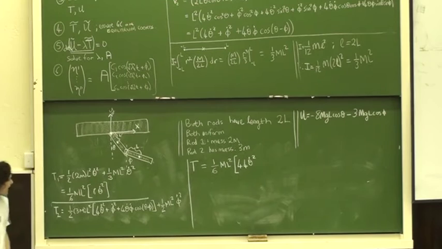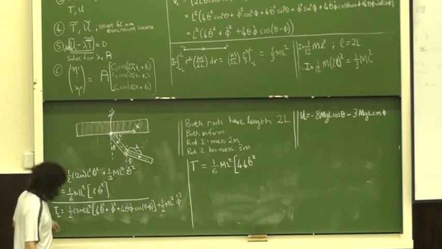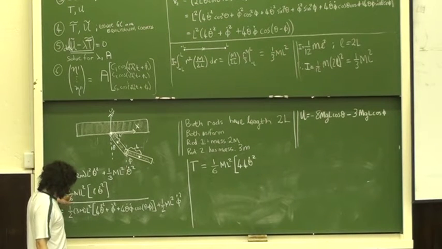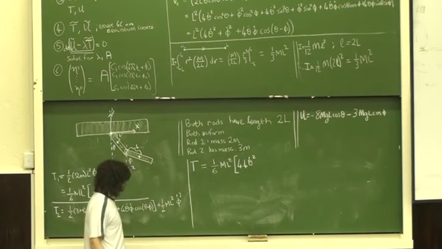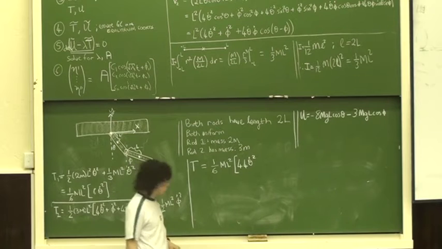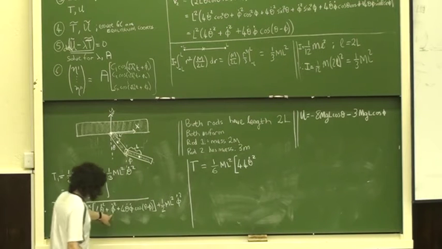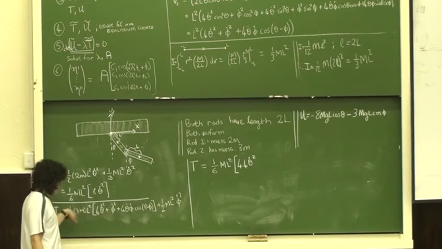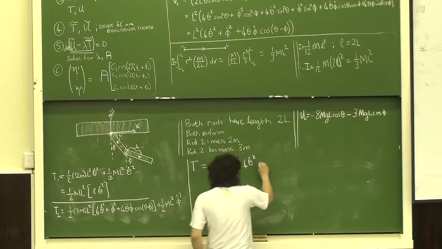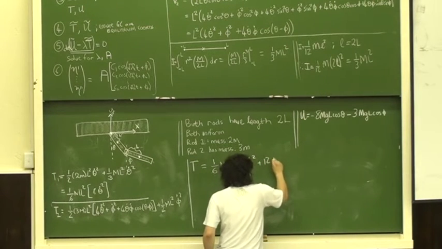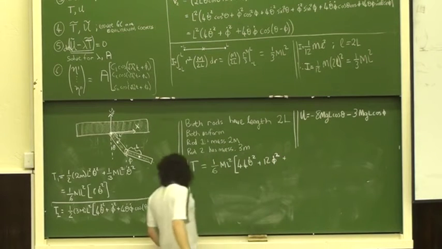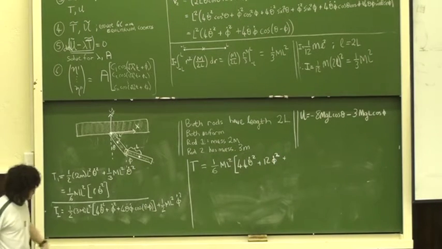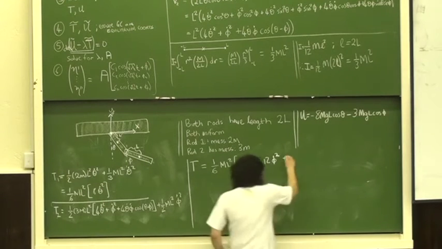Right, what's in front of phi dot squared? Something like a half turned into a sixth, which means it's just 3, or am I missing some other piece? Like this one. 9 and 3 is 12. Please correct me if I'm making mistakes, otherwise it's pointless. And finally, we have another 36 of these guys.